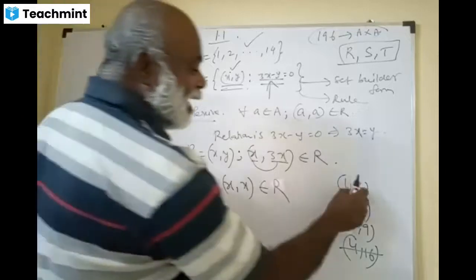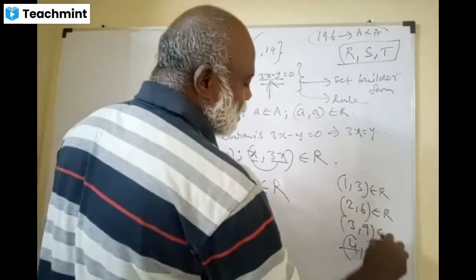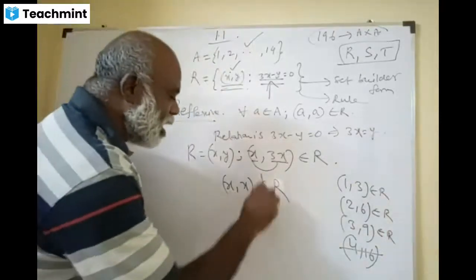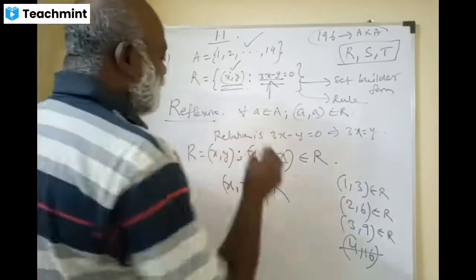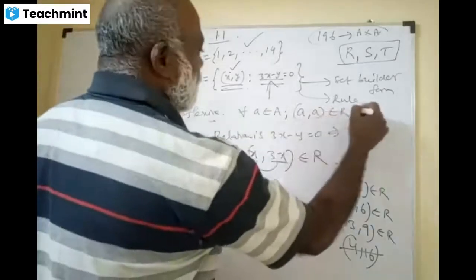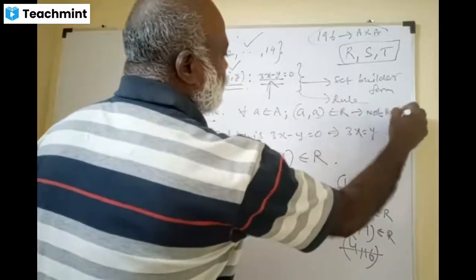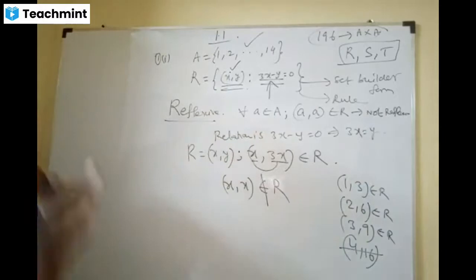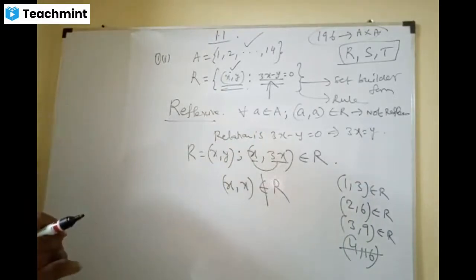Please note down: (X, X) does not belong to R. Therefore, it is not reflexive. Not reflexive. Do you agree, dears? All of you say yes, please.